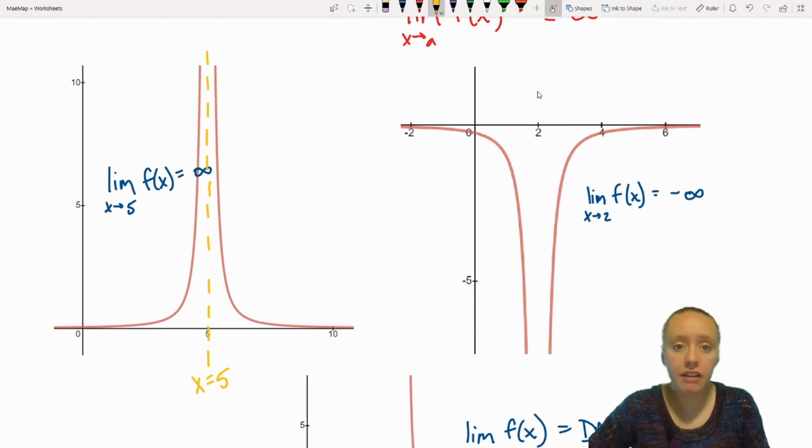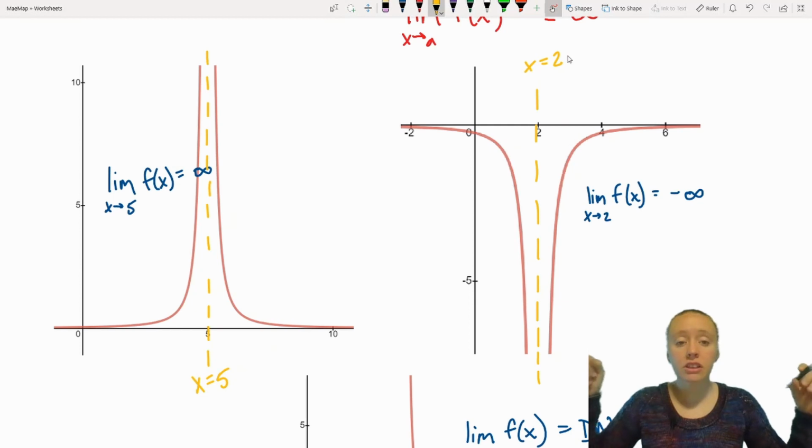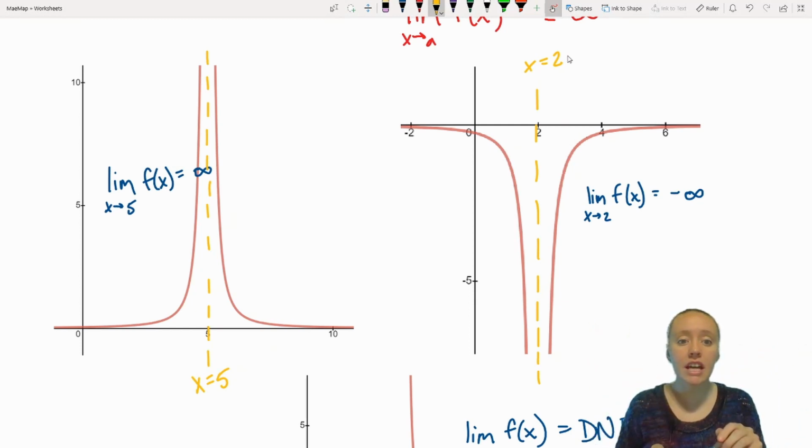Whereas in this second graph, our vertical asymptote occurs at that a value, again, x equals 2. As our function goes towards negative infinity, it's also getting closer and closer to the vertical line x equals 2.